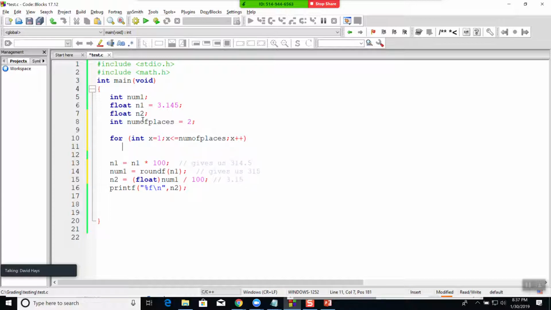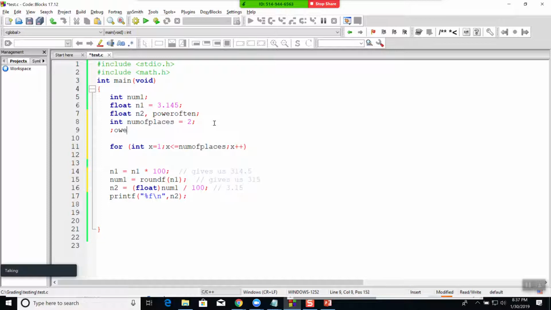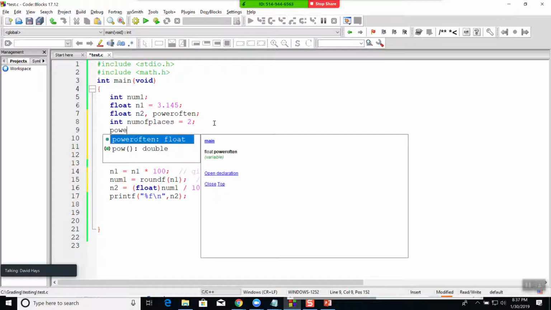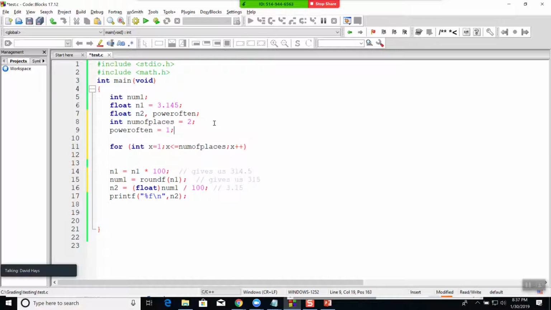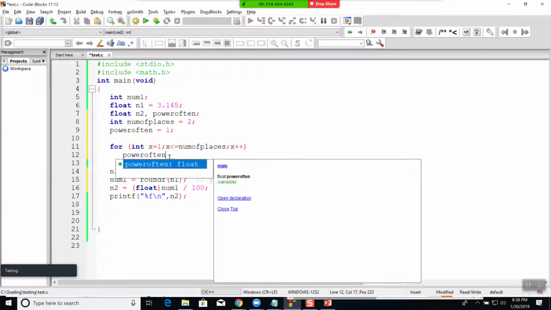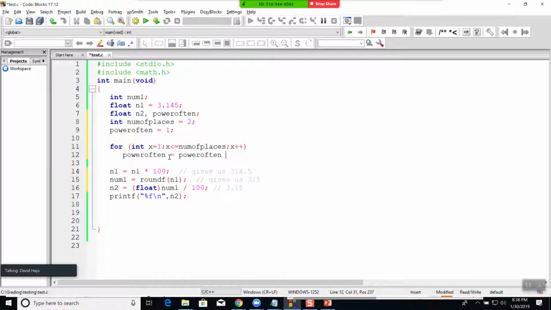And if I called it factor, let me call it something that's meaningful, power of 10. If I had the power of 10 equals 1, so then I'd have my power of 10 equals power of 10 times 10.